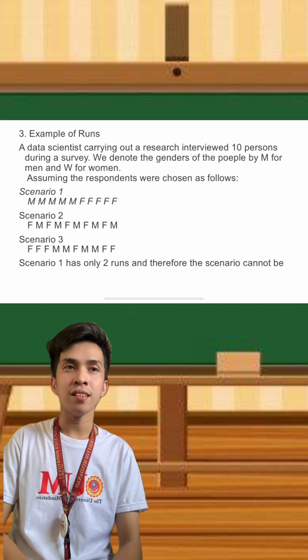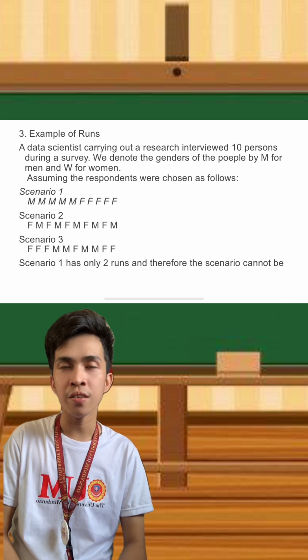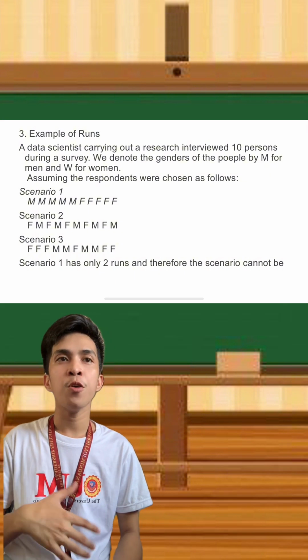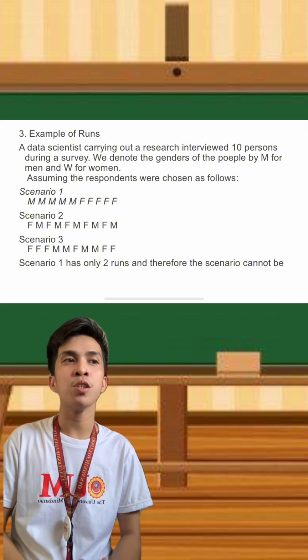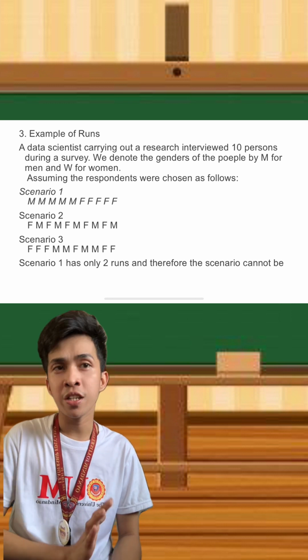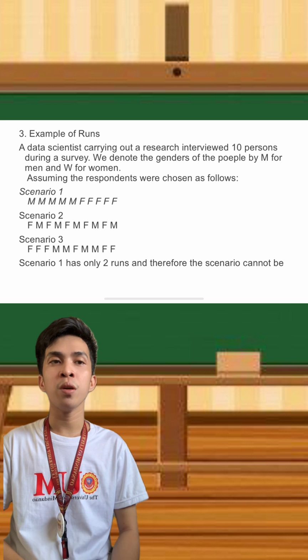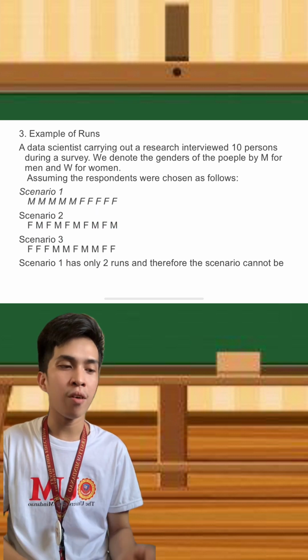So here are our examples for runs. A data scientist carrying out research interviewed 10 persons during a survey. We denote the genders of the people by M for men and W for women, assuming that respondents were chosen as follows. For scenario 1, we have 2 runs, for scenario 2, we have 10 runs, and for scenario 3, we have only 5 runs.